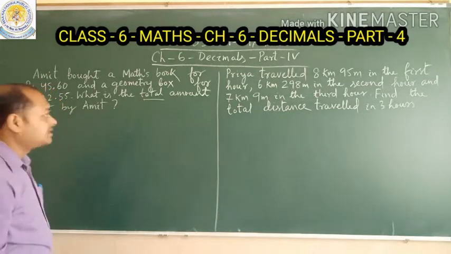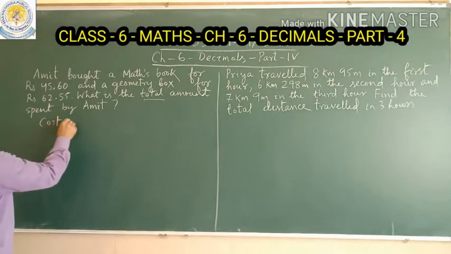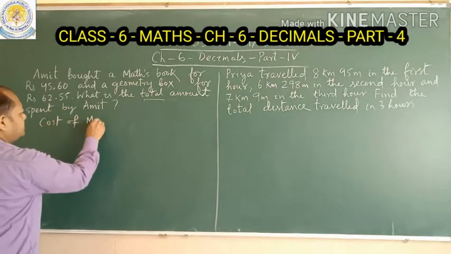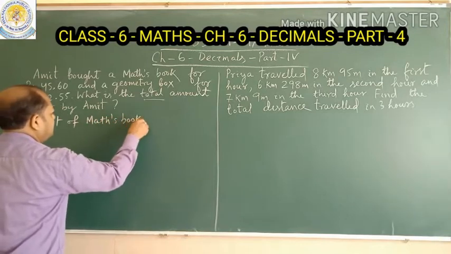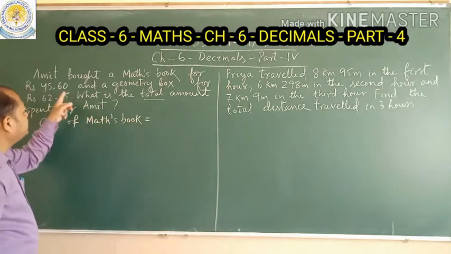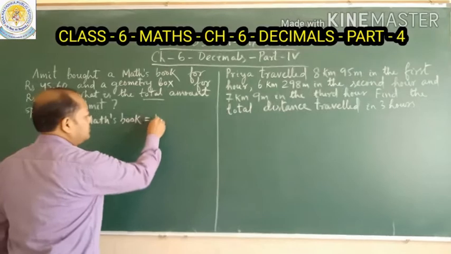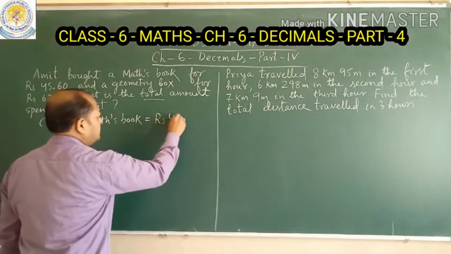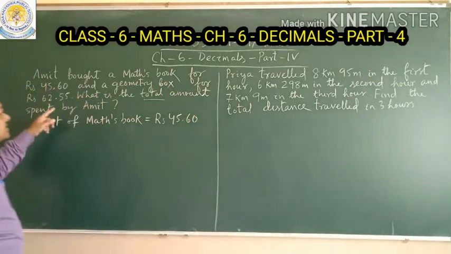So how to write? First write the cost of the maths book. How much is it given? It is given 45 rupees 60 paise. So write it down. And what is the second item?